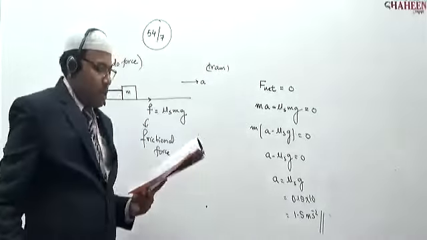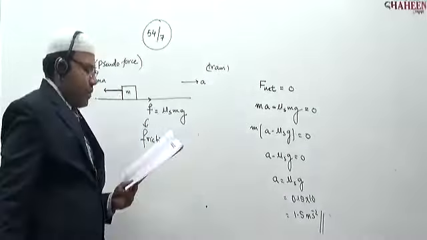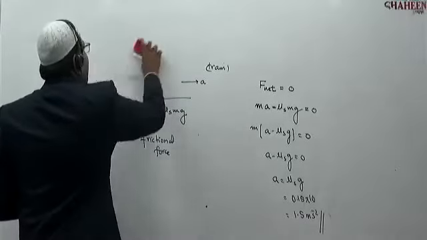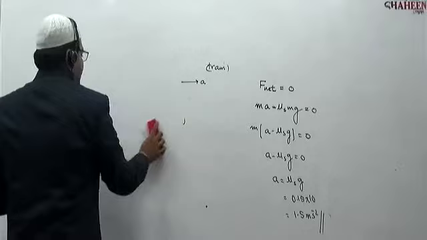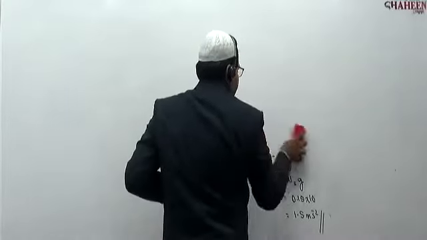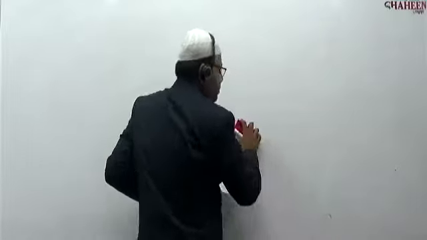2 masses of 5 kg and 10 kg are connected to a pulley as shown. What will be the acceleration of the system?